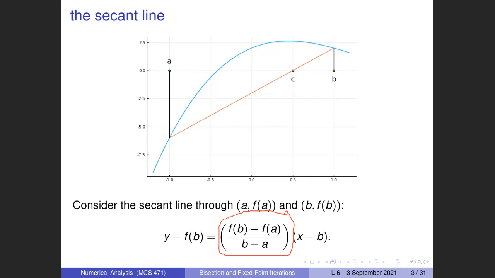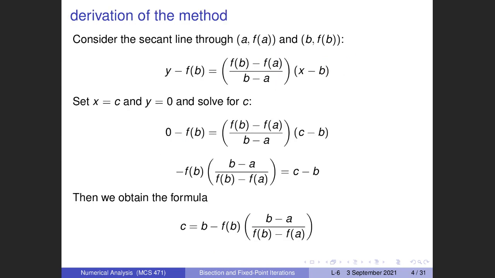And we also have an equation. We don't yet have a formula. Let's derive a formula. That will give us essentially the essence of the method. We have the secant line, and we compute our next approximation.